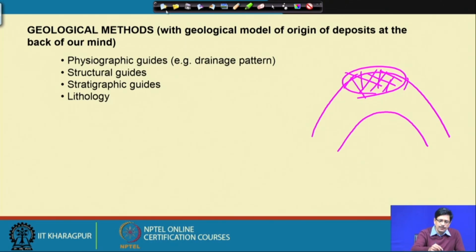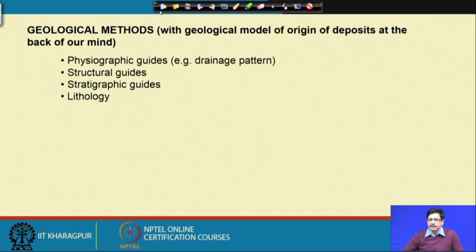And also we have seen situations where an originally syn-sedimentary exhalative deposit, such as an SMS deposit, or even a volcanogenic massive sulphide deposit, gets redistributed during the process of deformation, and there are parts where the richer part of the ore is localized, affected by the structure.